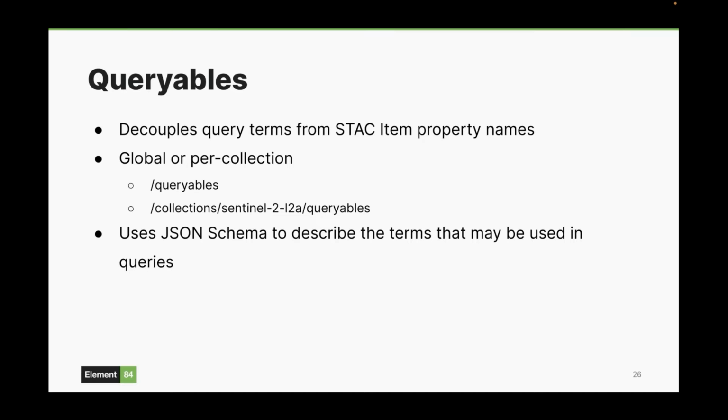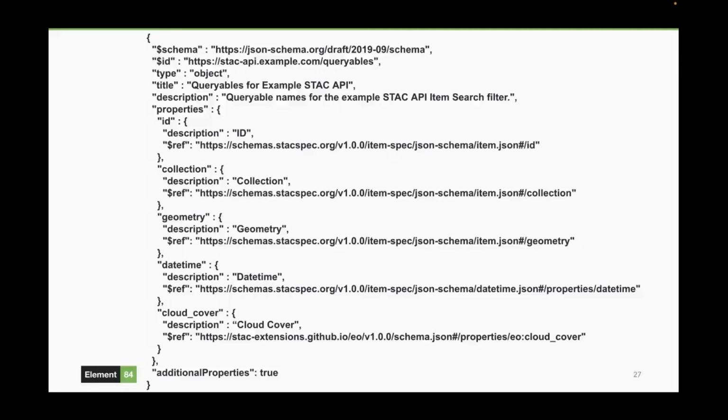And then these are well defined using a JSON schema, so that there's typing information associated with that. JSON schema allows you to do even more things, like define a regex that the value has to adhere to. For example, datetime is that way. I'll show an example of that in a few minutes.